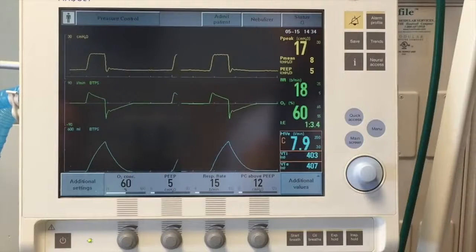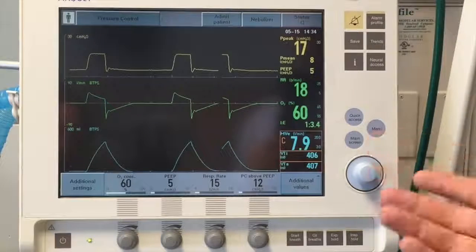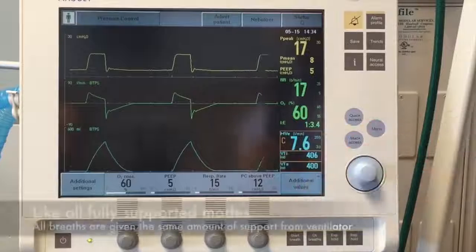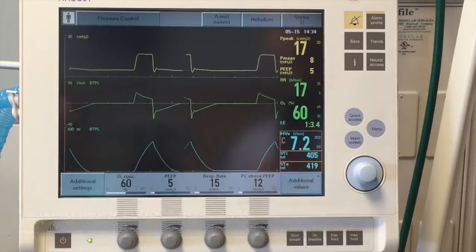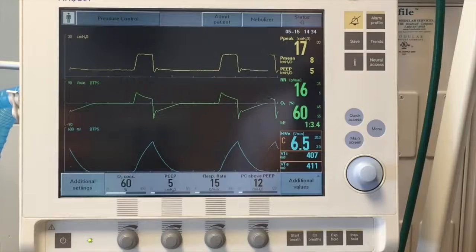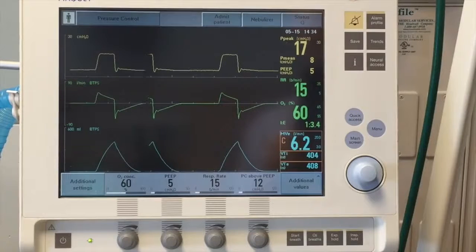And you set an inspiratory time, which is equivalent to setting an I to E ratio, which you can see here is 1:3. But again, this is another fully supported mode, and you would do this, for example, in a patient who had severe acute lung injury where you wanted to not allow the peak and plateau pressures to become very elevated.